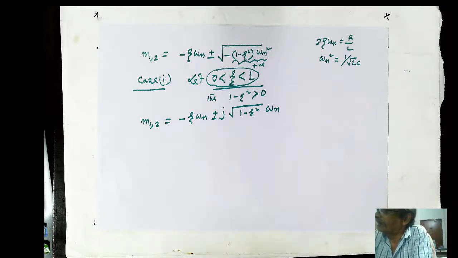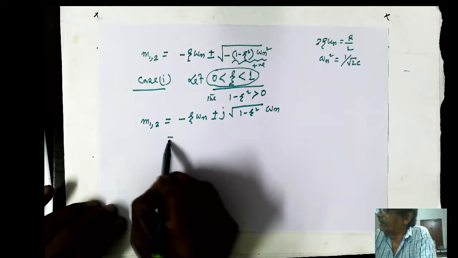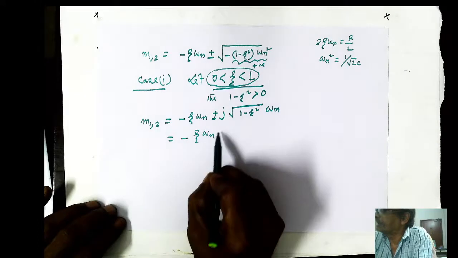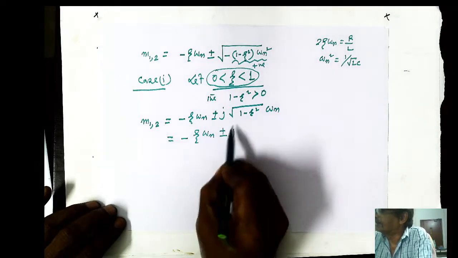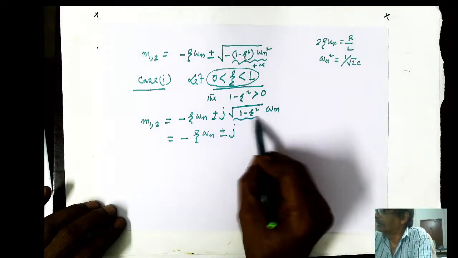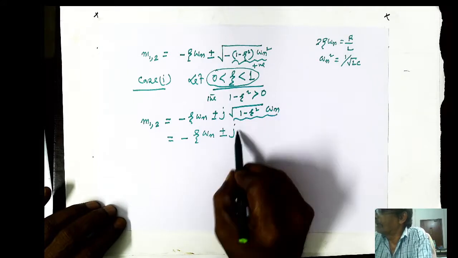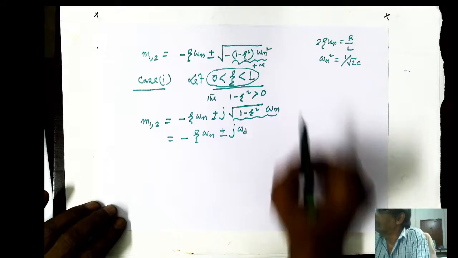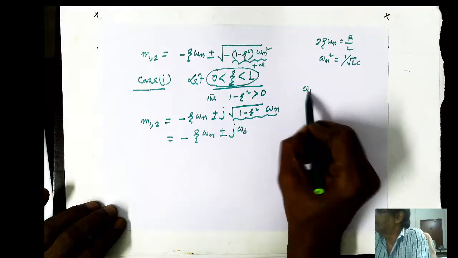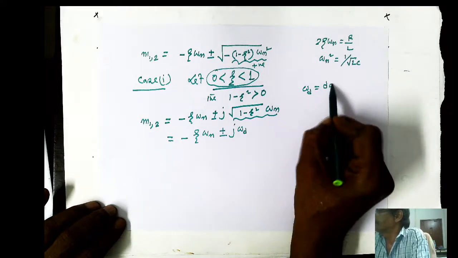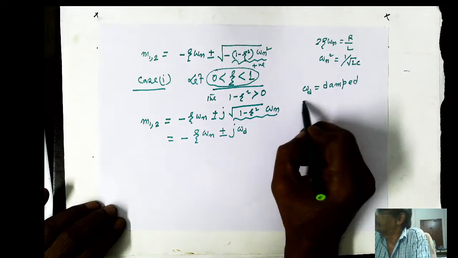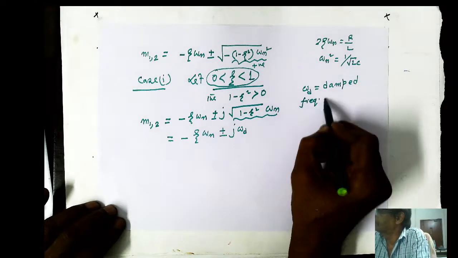Now, this quantity, what I will be doing is, I will be writing this one plus minus j. This quantity, it is a positive number, I will write it to be omega d. Omega d, I will be calling it the damped natural frequency, the damped frequency of oscillation.